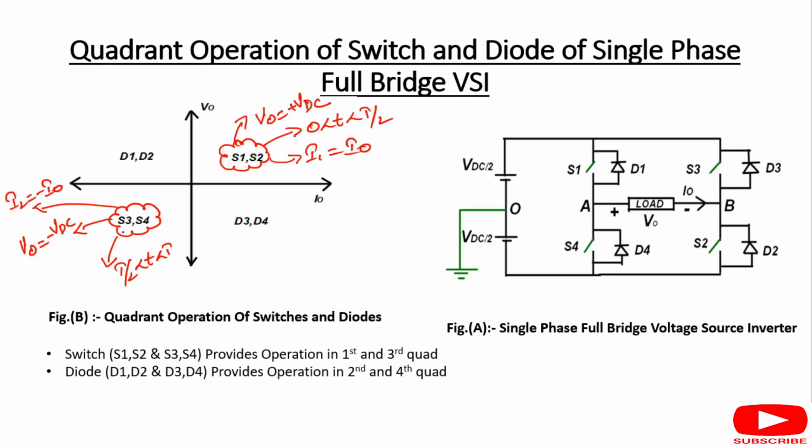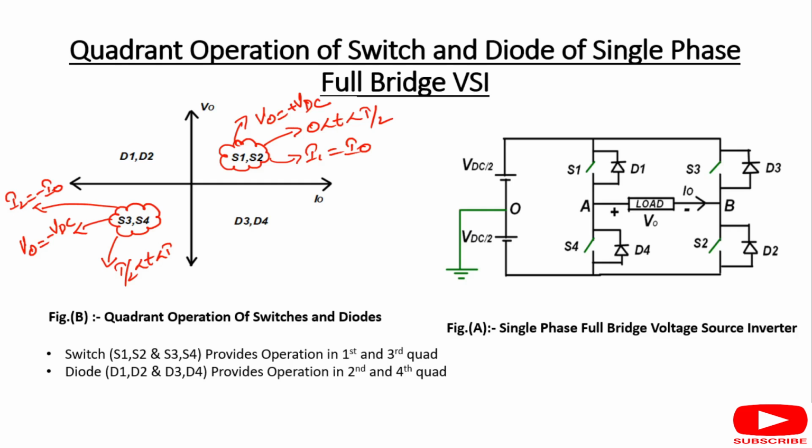In case of switching operation of S3 S4, output voltage and load current both will come out with negative sign. In the switching case of S1 S2, output voltage and output current both will come out with positive sign. That's why S1 S2 and S3 S4 switches provide operation in first and third quadrant.